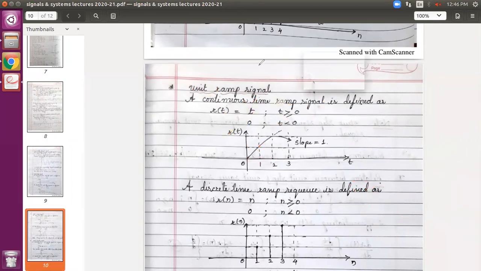If you check the ramp, the value is just t, 1, 2, 3, 4 like that. The amplitude is not constant. It is not unity, it is not 1. So why do we call this signal a unit ramp signal? Why not simply ramp?